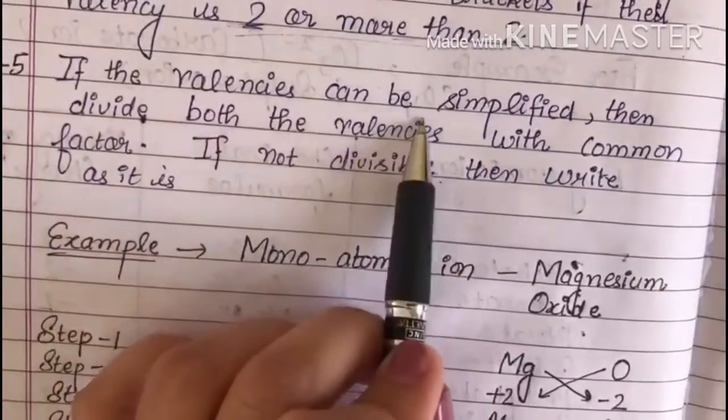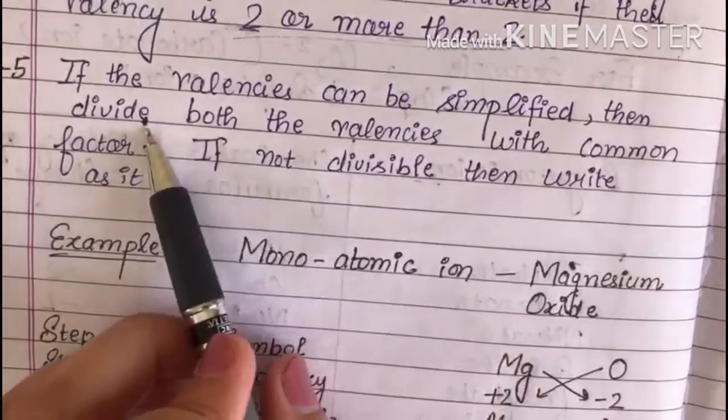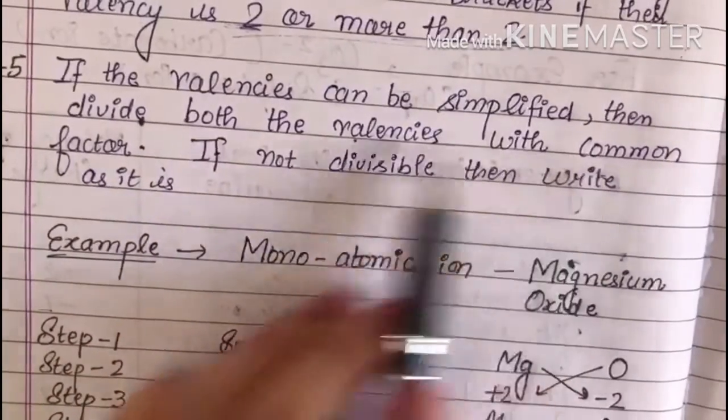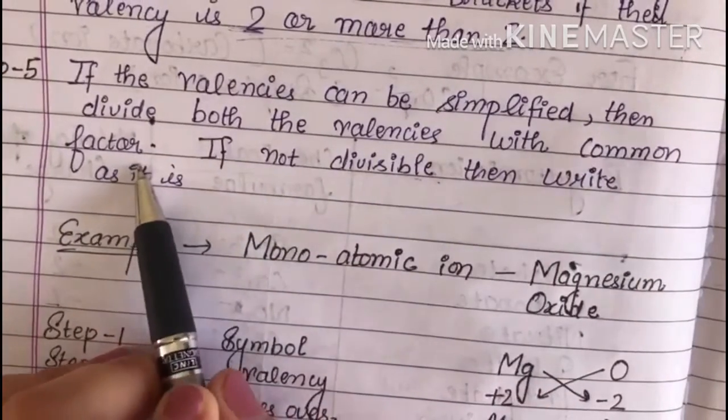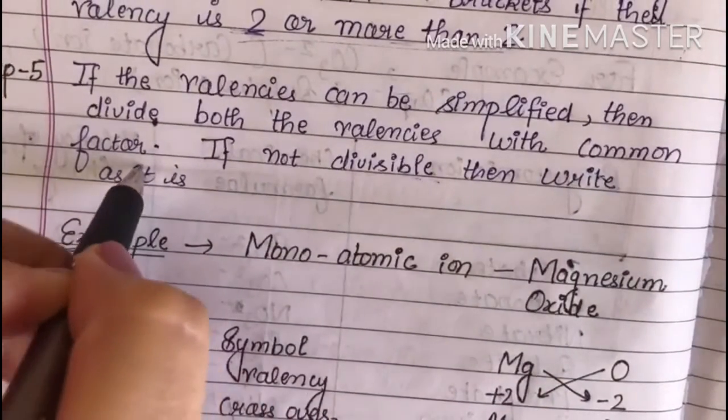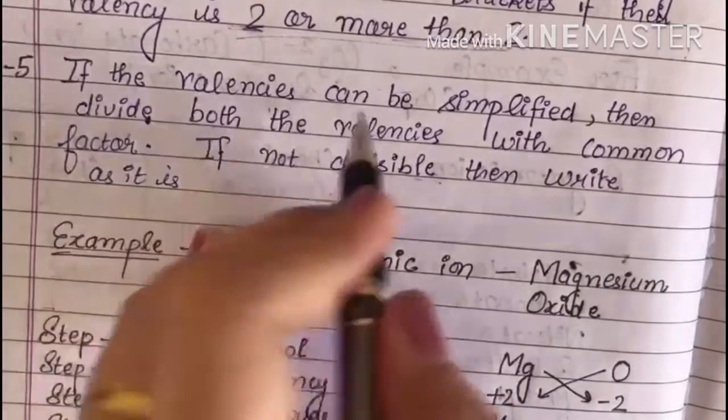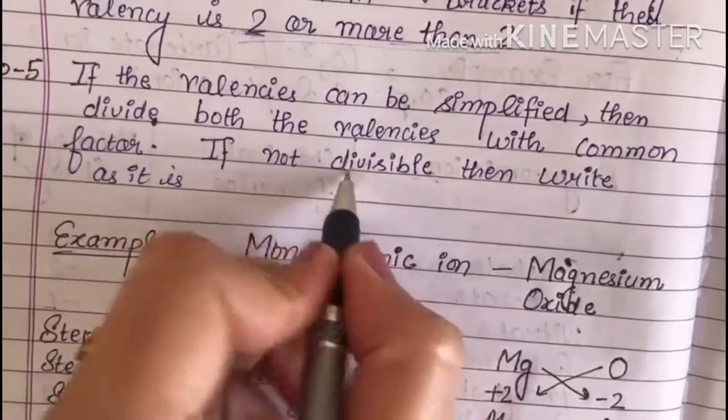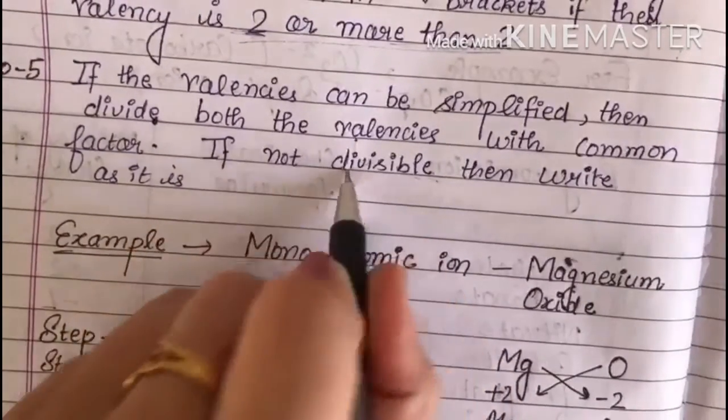If the valencies can be simplified, then divide both the valencies by the common factor. If they are not divisible, then write them as it is.